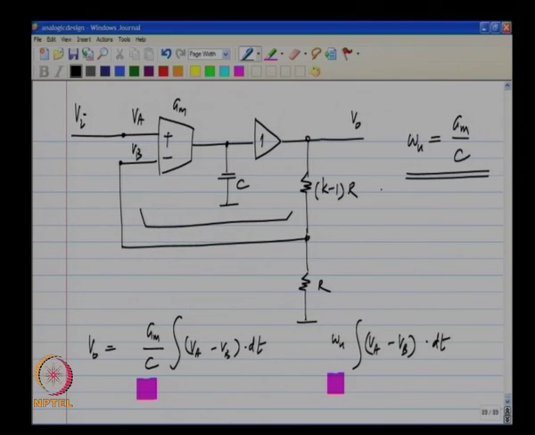So, this is exactly equivalent to the amplifier that we had earlier using the integrator, and we can do our analysis with this. All you have to do is to substitute omega u by its value, which is Gm by C. Okay. So, now what can happen here that can give you delay? So, there are several possibilities.